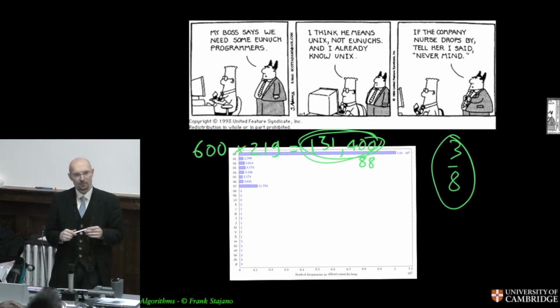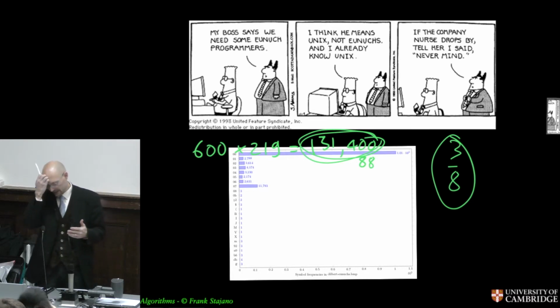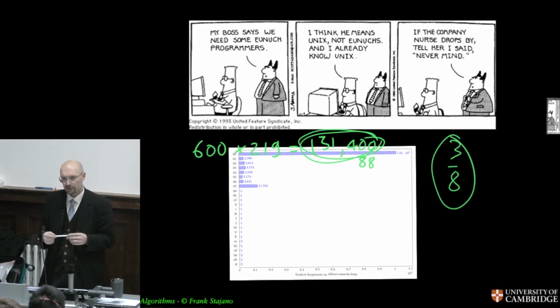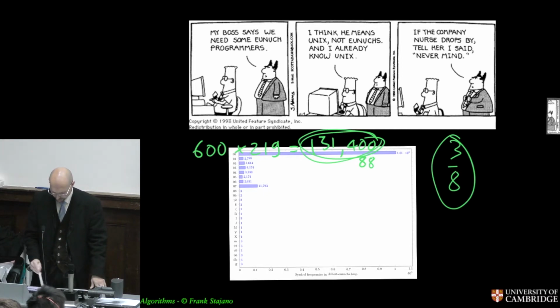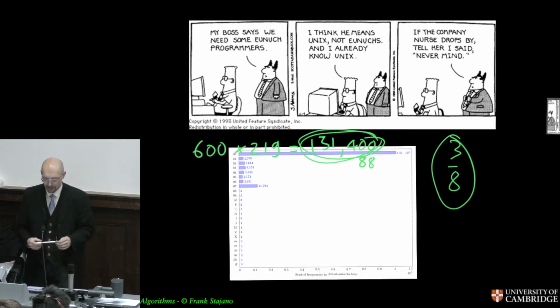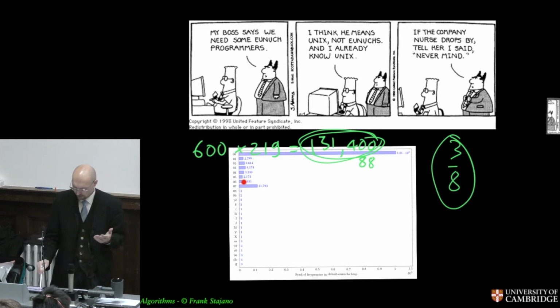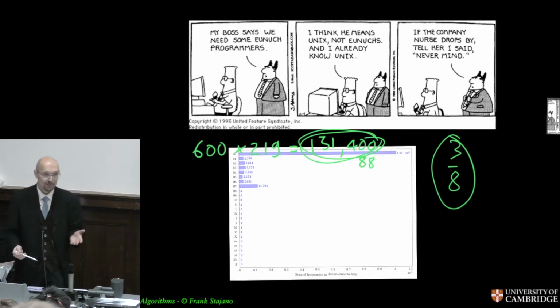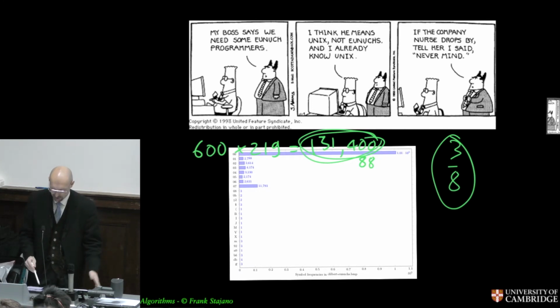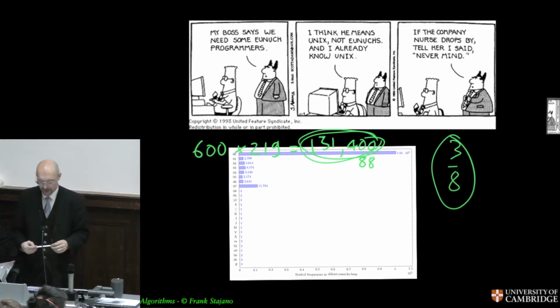Based on the same idea of Morse code, that if there is something that I know about the frequency of occurrence of the various symbols in my input stream, if some symbols occur much more frequently than others, this one occurs 100,000 times and these other ones a few thousand, this one 10,000, then it might be a good idea to make the symbol that occurs 100,000 times shorter than these other ones. And then even if some of these become longer, because on average they would all be 3 bits. If I make this one shorter than 3 bits, something will have to be 4 bits. But if it occurs so much less frequently, I may still have a gain overall.